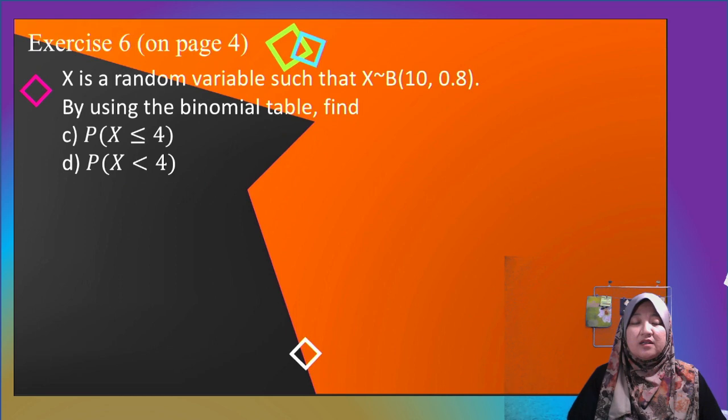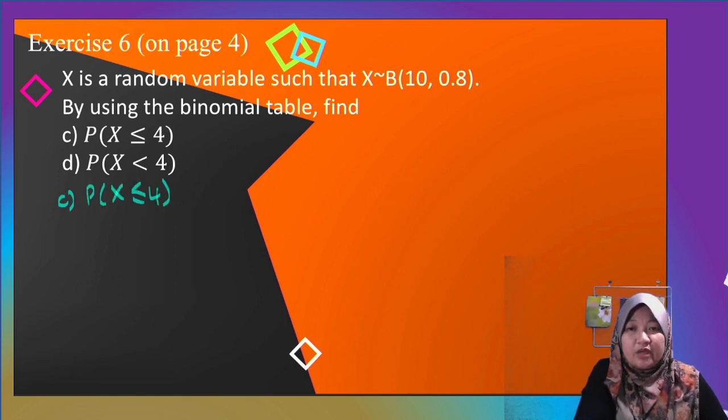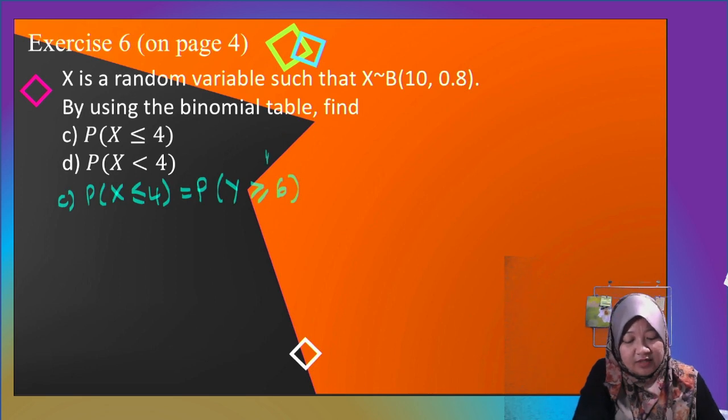Okay, next, same exercise, but C is probability X less than or equal to 4. Okay, so kita terus tukar kepada Y. Y is greater than or equal to 6. Why 6? Sebab N tolak X. Okay, so this one is already greater than or equal to 6. So, awak terus baca table. Awak akan dapat 0.0064.